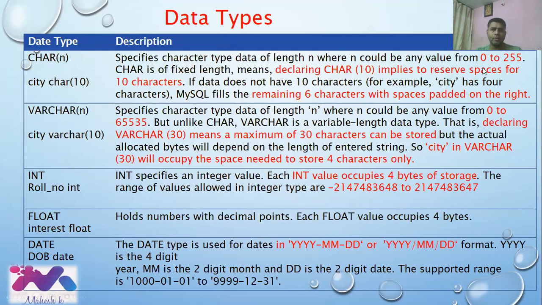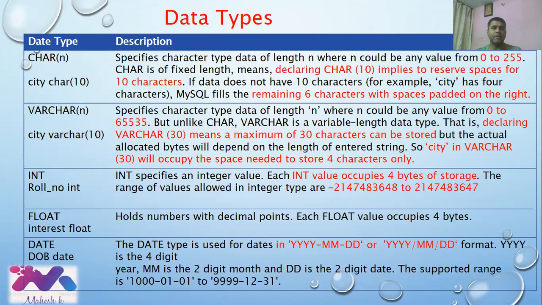Here, if you use the character data type, the size can be 0 to 255 characters. It's a fixed length. For example, if you declare city character within brackets 10, and I enter the input as Surat, Surat is S-U-R-A-T, so 5 letters, but I assigned 10.